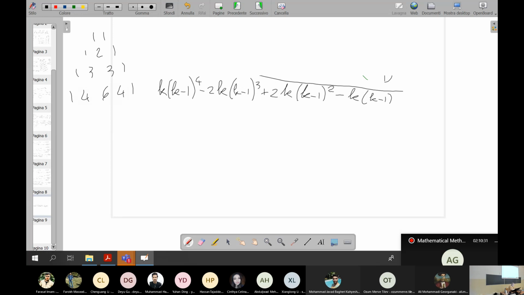So here I have k to the fourth, but multiplied by k, so k to the fifth minus 4 k to the fourth plus 6 k to the third minus 4 k to the second plus k, which is this first part, and then we have minus 2k this, okay?